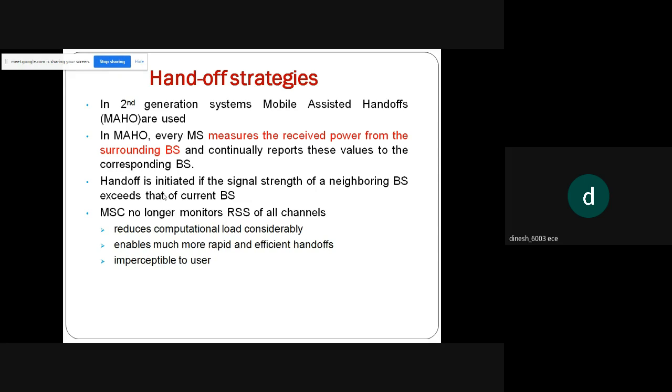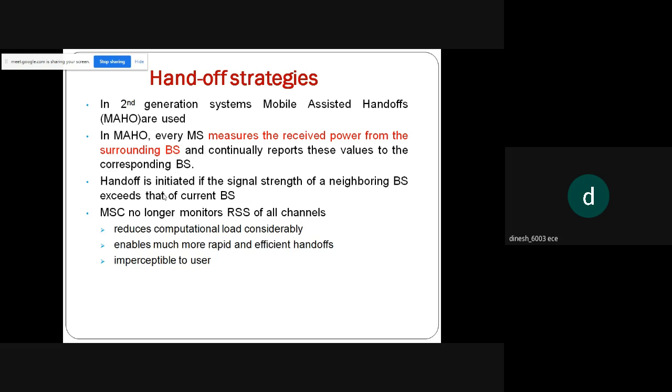Imperceptible in the sense that when a call gets terminated, the user or customer will get angry. He would be in an important call, an important meeting or a conversation, or important information would have been exchanged.